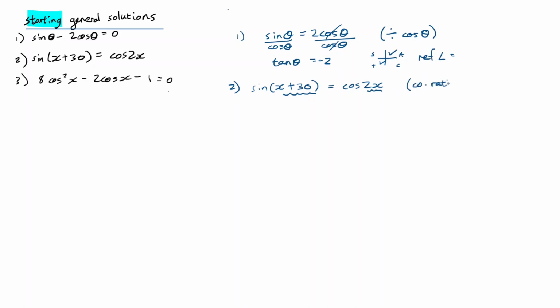And so I'm going to change cos 2x to sine 90 minus 2x. And what that's done is it's brought you right back to the beginning, where you're going to tick the quadrants. So where is sine positive? First 2 quadrants. What's the reference angle? The reference angle in this case, Chris, is just going to be when I've got the same function sines, the reference angle is the right-hand side. So that's just 90 minus 2x.